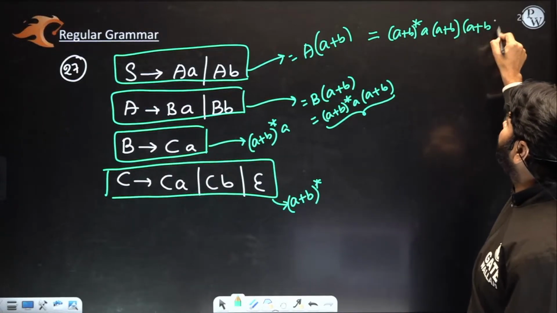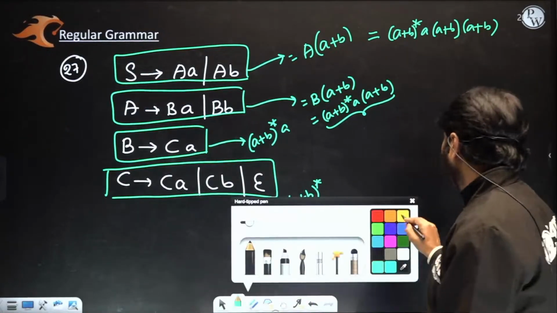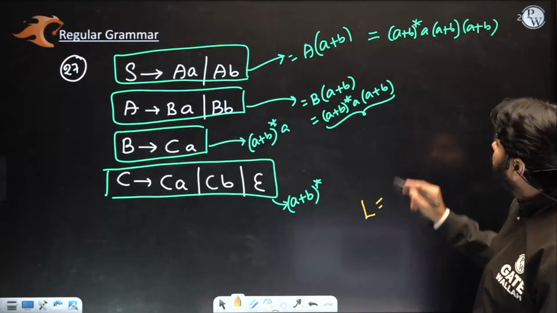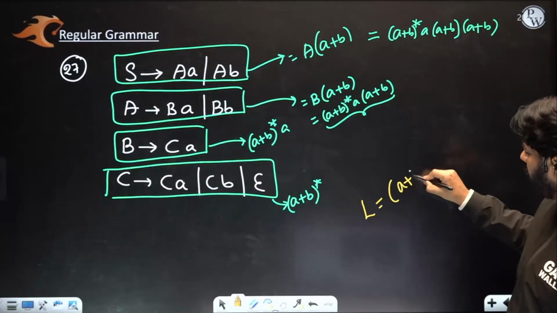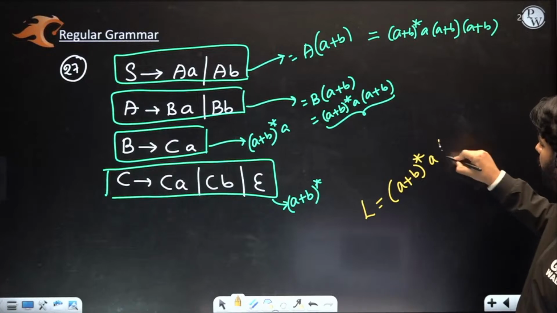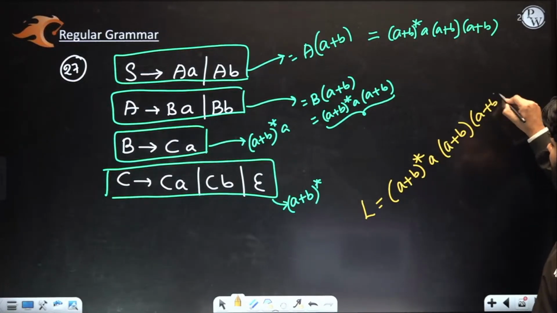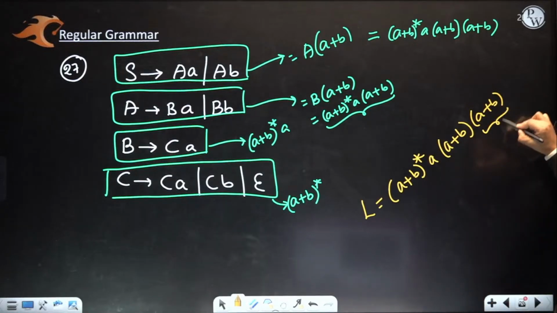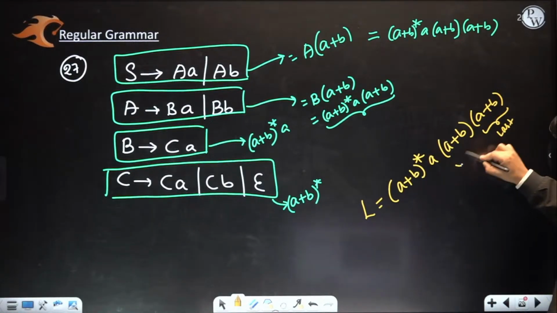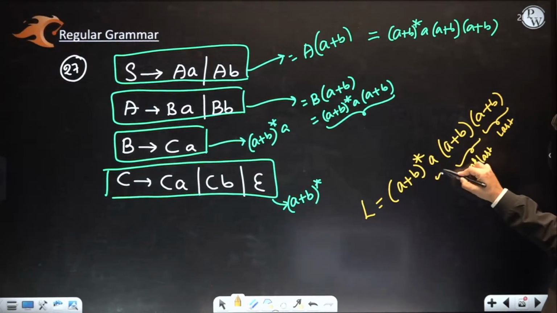So what is the meaning of this? The meaning of this is, the language we got, that is (A plus B) whole star, A followed by (A plus B), square also you can write if you want, because 2 times (A plus B) came. So this is the last, and this is the second last, and this is the third last.